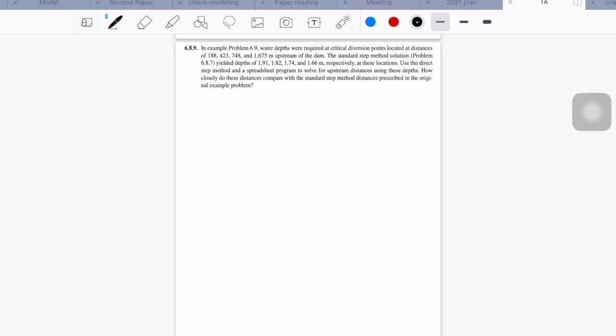We know that these four values are a little bit different from the four values we calculated from the Excel file. The four depths we got are 1.909, 1.82, 1.735, and 1.62 meters. Professor Yang obtained the first two values in class, and we obtained the last two values in the previous problem.